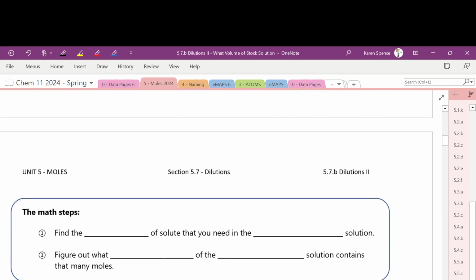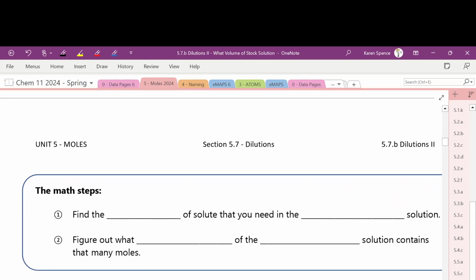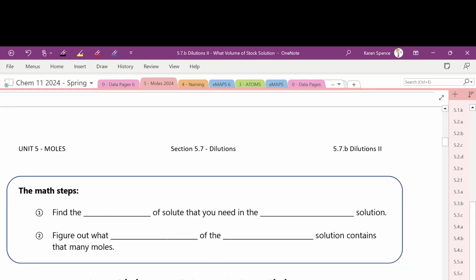So tell me, here are the math steps for dilution. Type 2. What volume of stock? What is the first thing you need to figure out in any kind of dilution calculation? The moles.